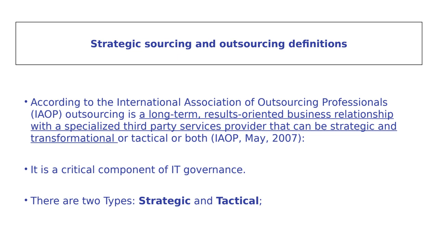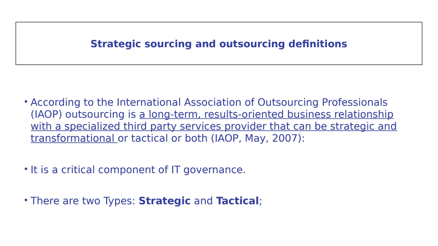Outsourcing is a long-term, results-oriented business relationship with a specialized third-party service provider that can be strategic and transformational, or it can be tactical, short-term. It does not necessarily have to be strategic. This is the complete definition of outsourcing.